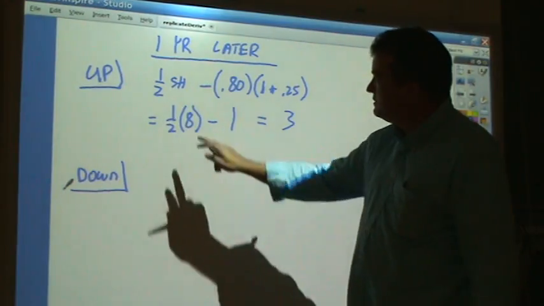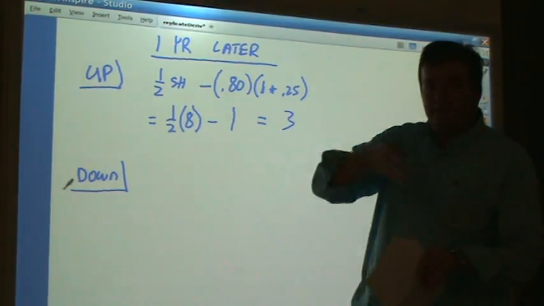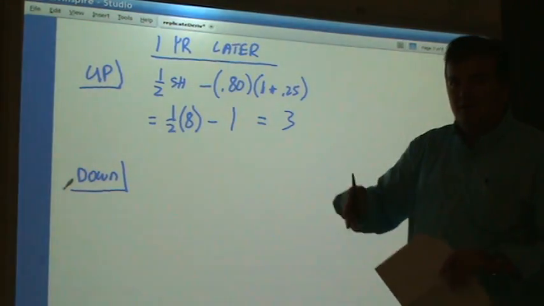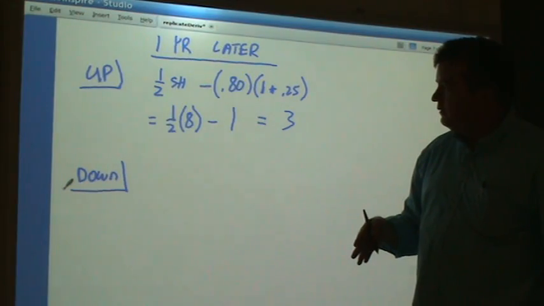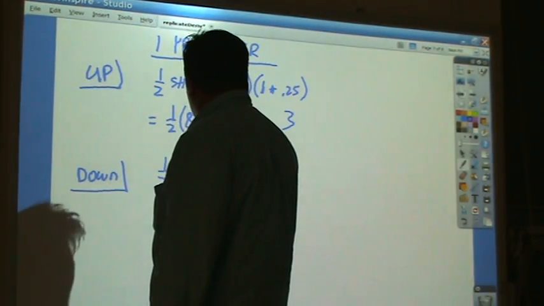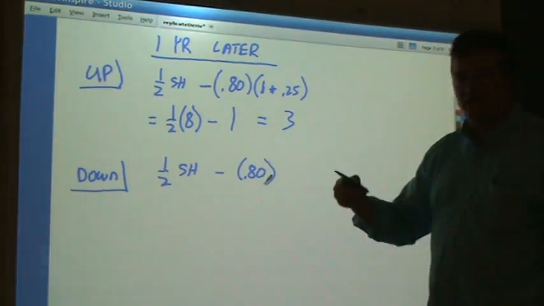In a down market, we still have 1/2 share, no matter what. If we bought 1/2 share at the beginning of the time period, one time period later, we haven't changed anything. So we would end up still with 1/2 share minus, either way, we owe the bank 80 cents plus interest.